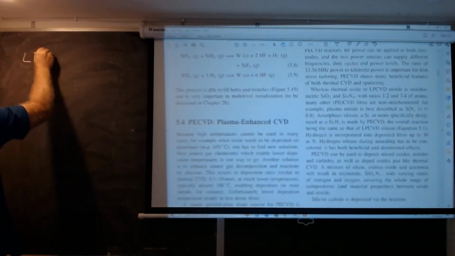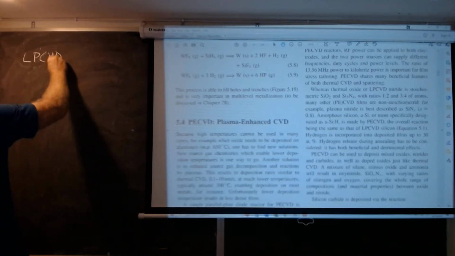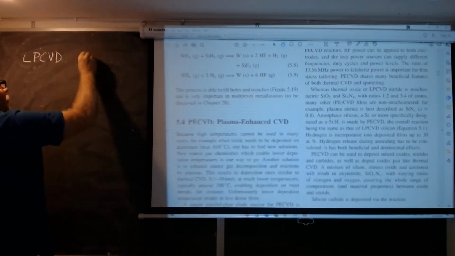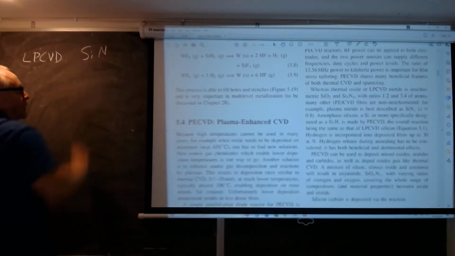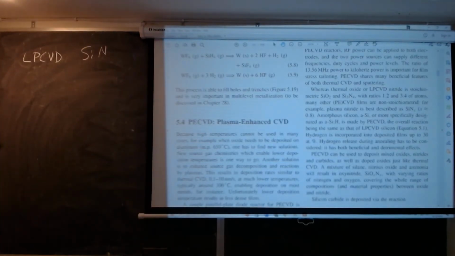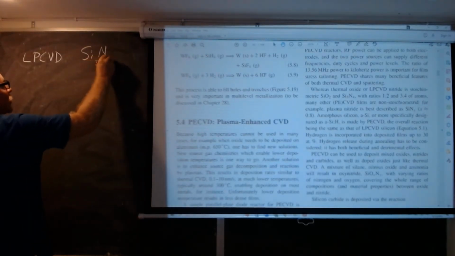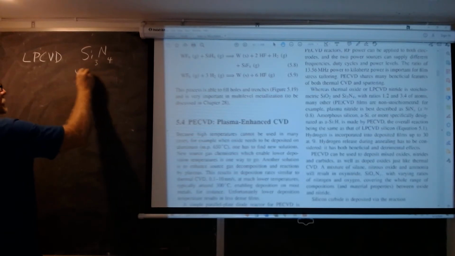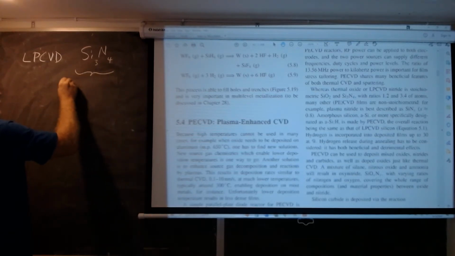LPCVD, you tend to get silicon nitride, and actually I have to look and see what the numbers are here. Yeah, 3 and 4. This is called stoichiometric.